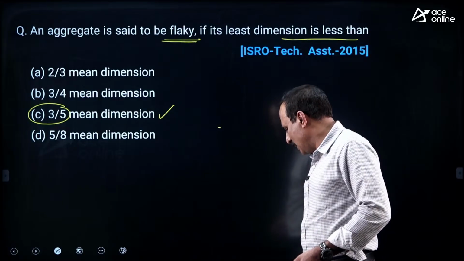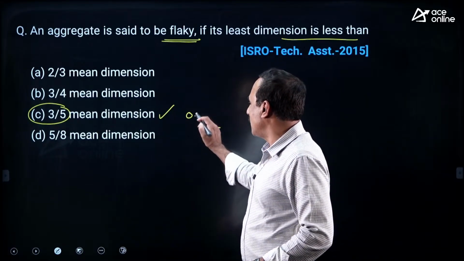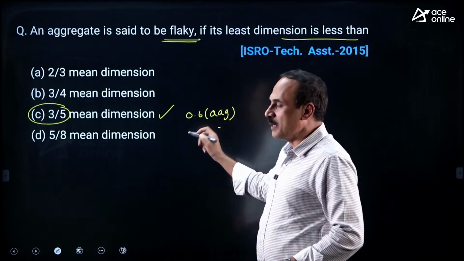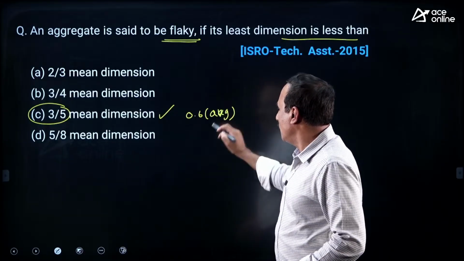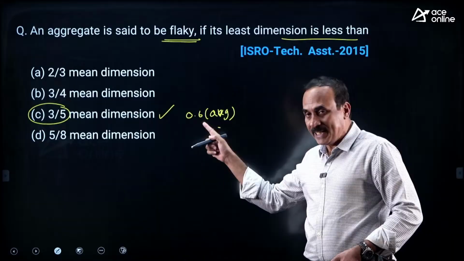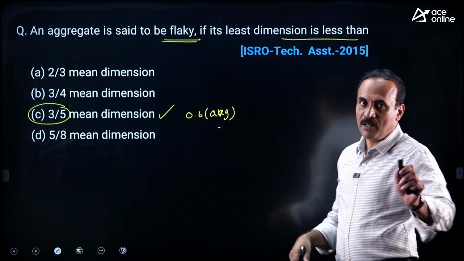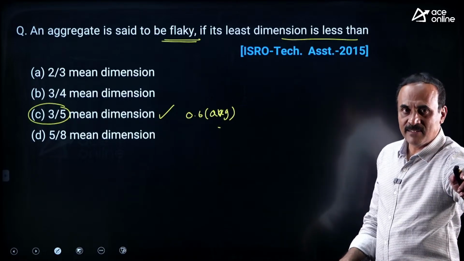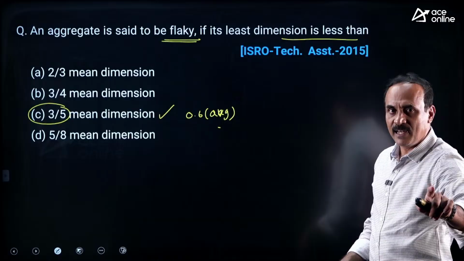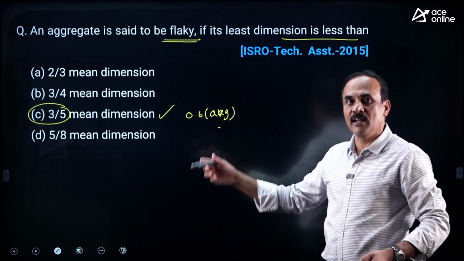Bombay, Vicky also correct, apart from others. Actually 0.6 of average. If the thickness is less than 0.6 of average, we call it as flaky aggregate. If the length is more than 1.8 times of average, we call it as elongated, too long aggregate. That points you need to remember. Less than 0.6, thickness less than 0.6 of average size is flaky aggregate. Length more than 1.8 times of average, we call it as elongated aggregate.